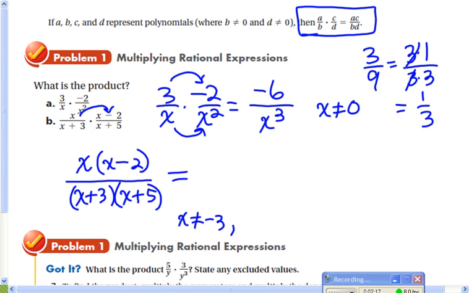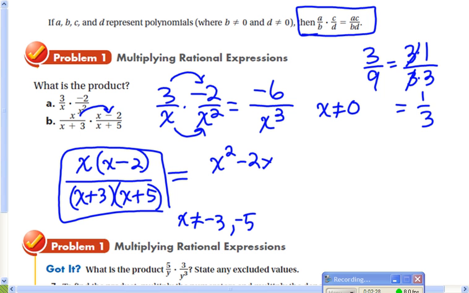And also x cannot equal -5 if we wanted to. And if you wanted to expand those, you could. You could make it x squared minus 2x, but you don't really have to do that. And then on the bottom you would get x squared plus 8x plus 15.